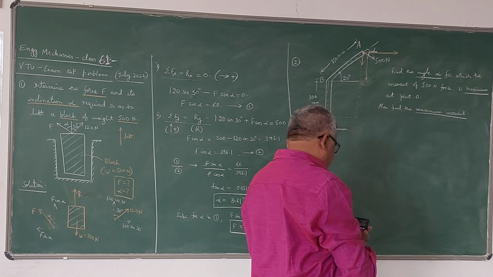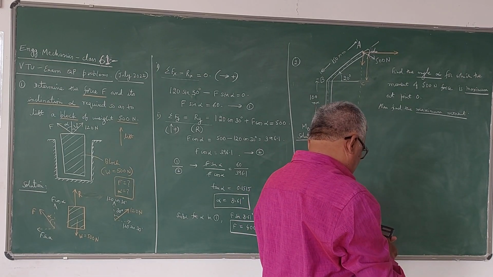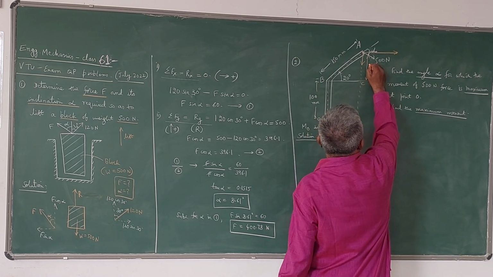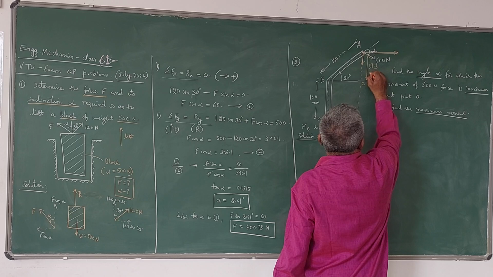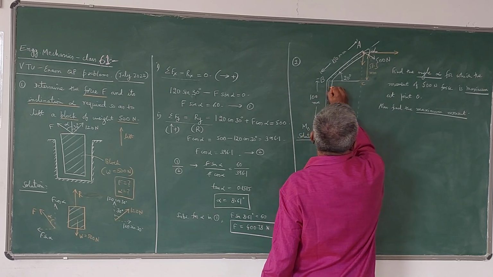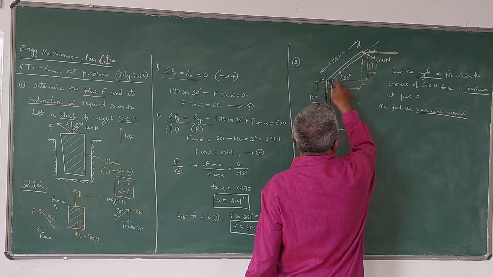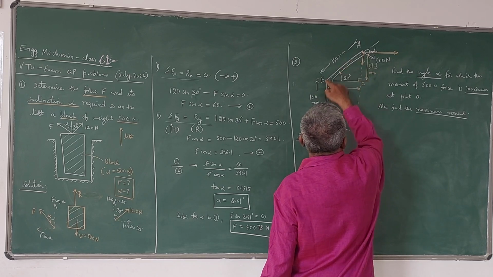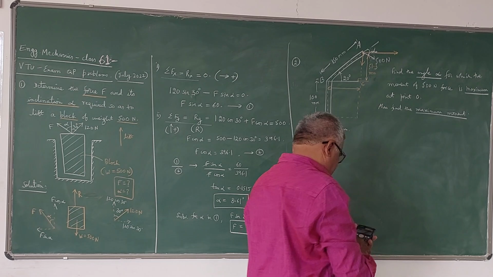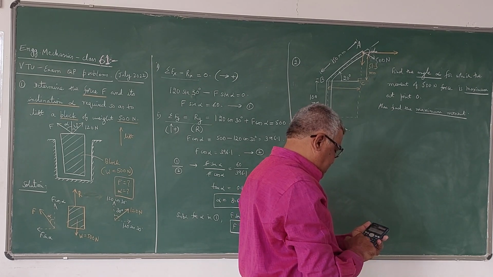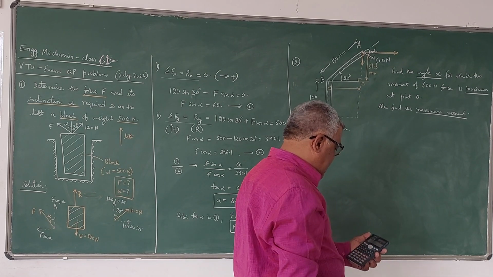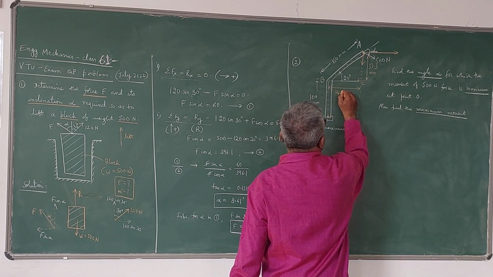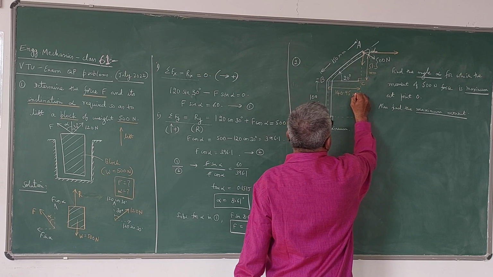AB is 150 into sin 20 degrees, which is 51.3 mm. Similarly, the distance BC, in this right angle triangle, becomes 150 cos 20, which is 140.95 mm.